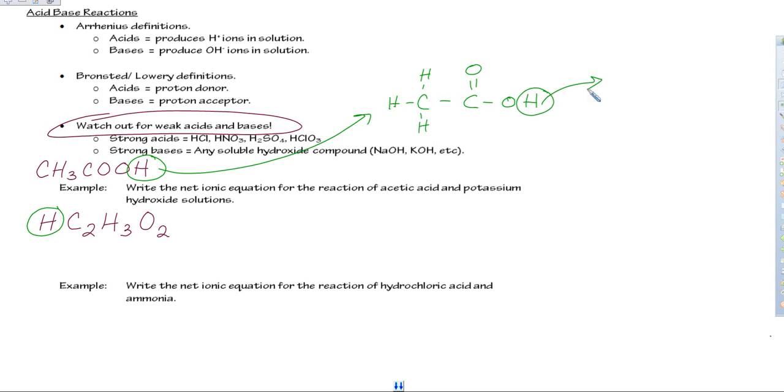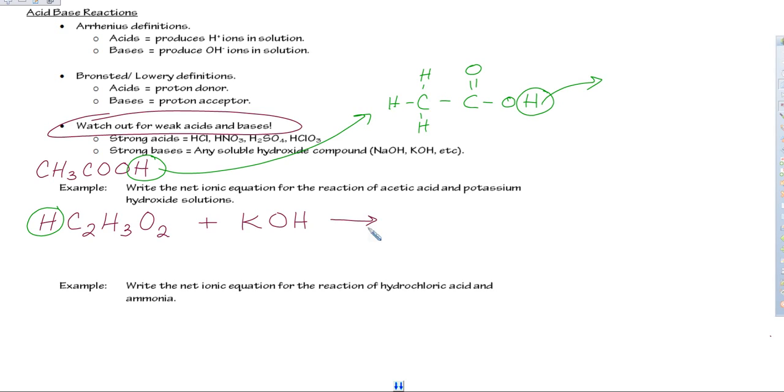So either way is totally fine. Sometimes I think it might be a little easier to write it as hydrogen acetate, then you know which hydrogen you're going to lose. What else do we got here? Potassium hydroxide, KOH. All right, awesome. So the first time I write this, let's just do it as a double replacement. A lot of acid-base reactions really are just double replacements, where I'm going to switch maybe the hydrogen and the potassium.